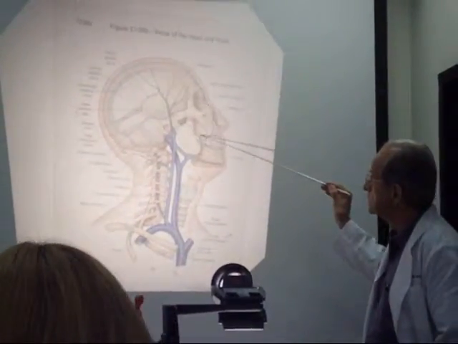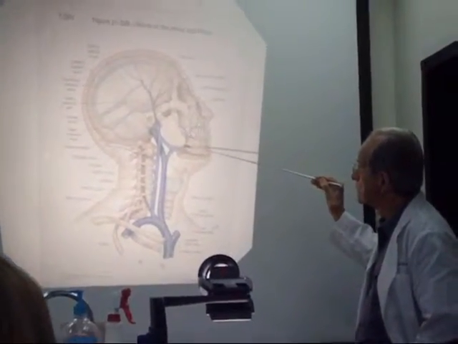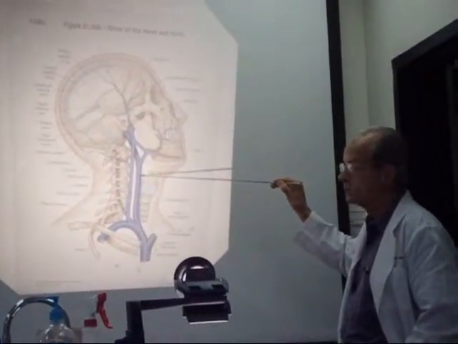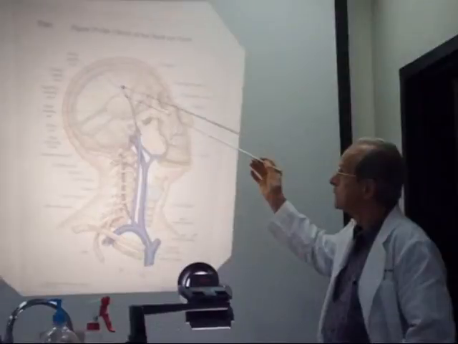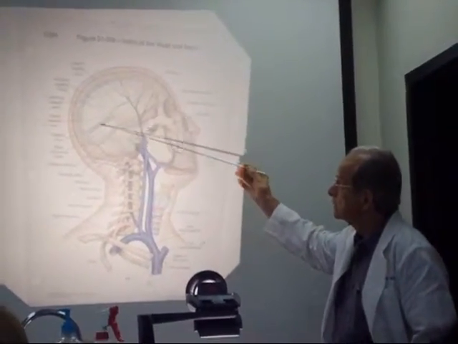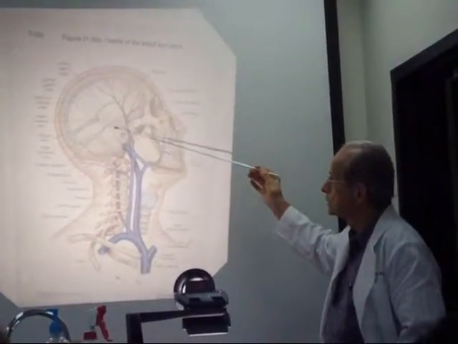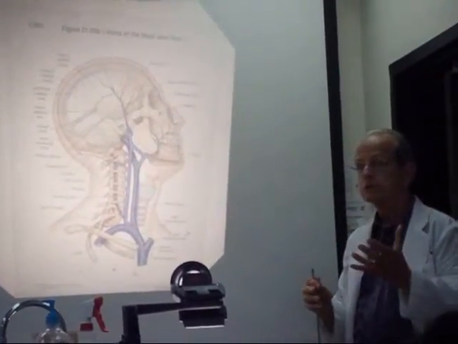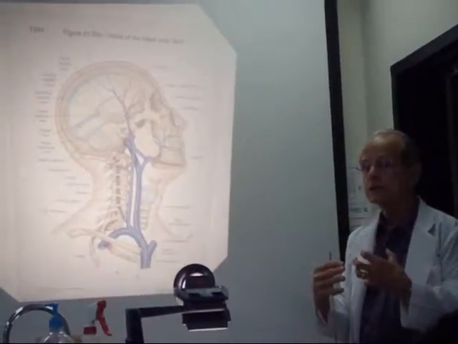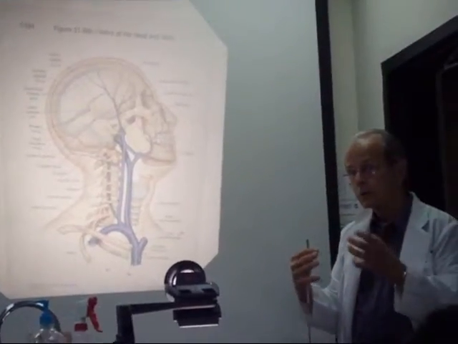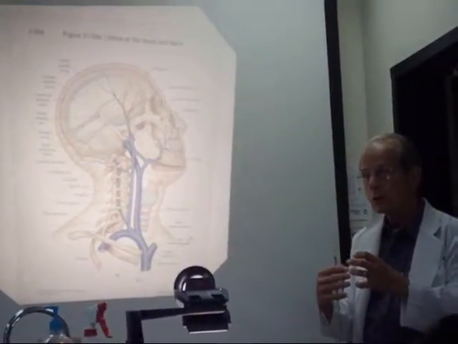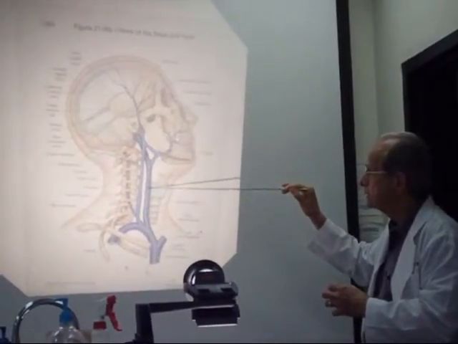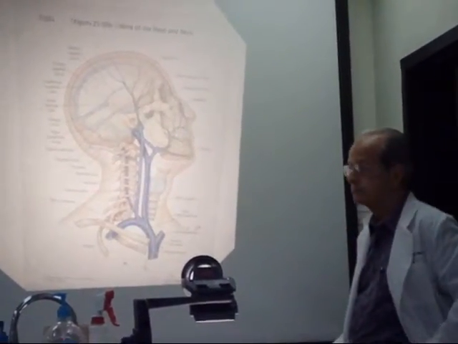You can see that there's some drainage from the head and neck here into the internal jugular vein, but now showing in the muted color here is showing you some venous blood collecting channels that are draining blood away from the brain back to the heart via the internal jugular vein.